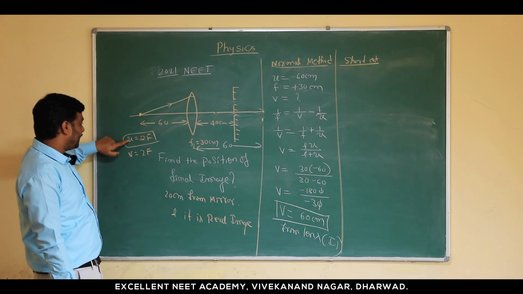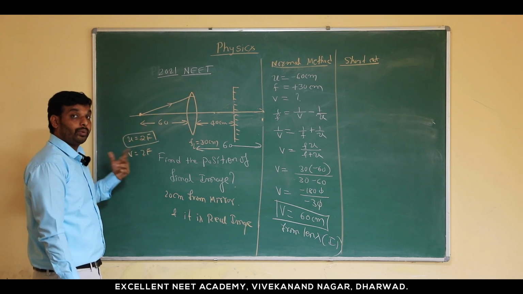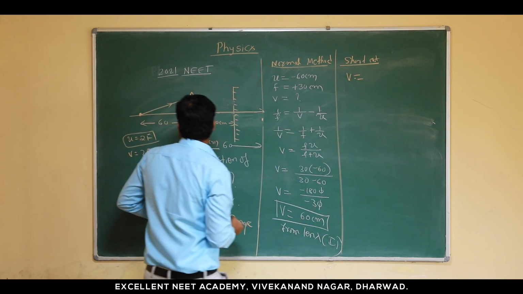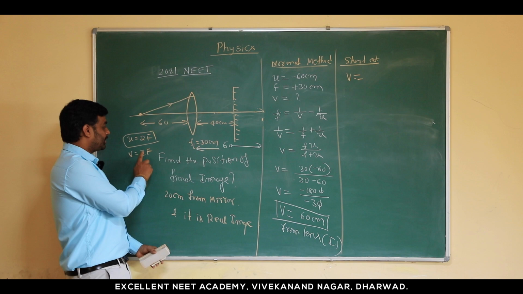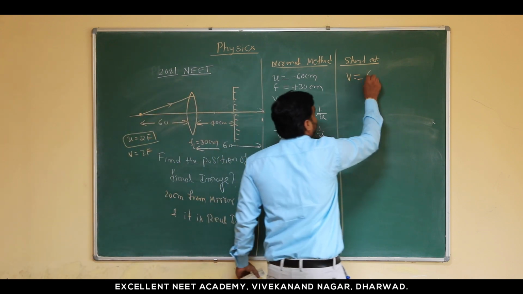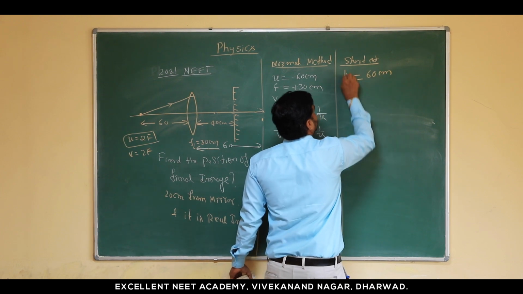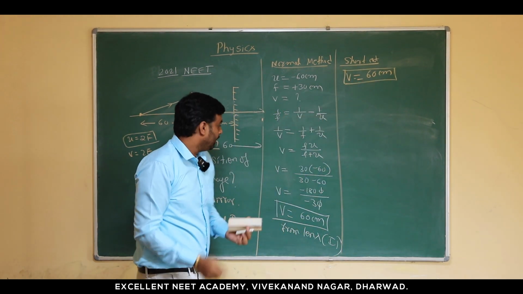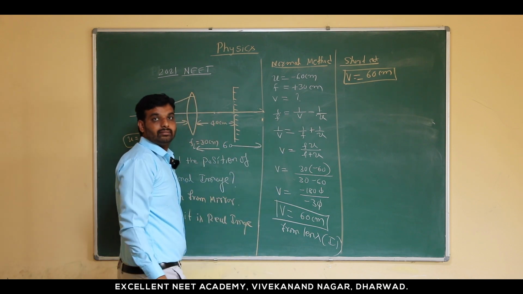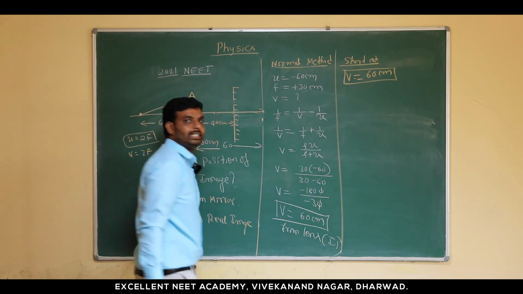If the object is placed at 2f, the image will be formed at 2f. Therefore the image distance from the lens is 2 into f, f means 30, that is equal to 60 centimeter. Look here, we did this much mathematics earlier, not required. Only shortcut: 60 centimeter.